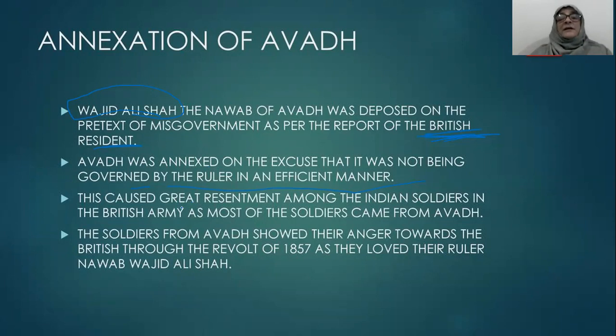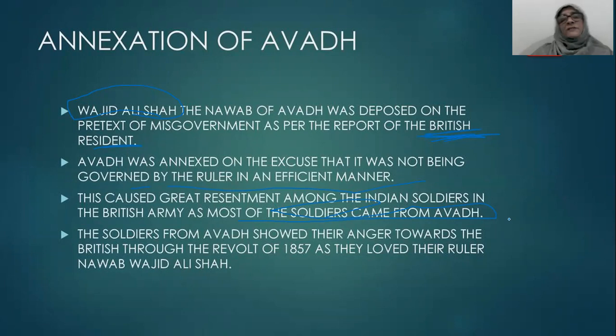This further created great resentment in the hearts of the people. Most of the soldiers in the British army came from Oudh. Now these soldiers were from this area, and their land and things were taken away from them. This is so unfair. What report? Who is coming? Who is checking?